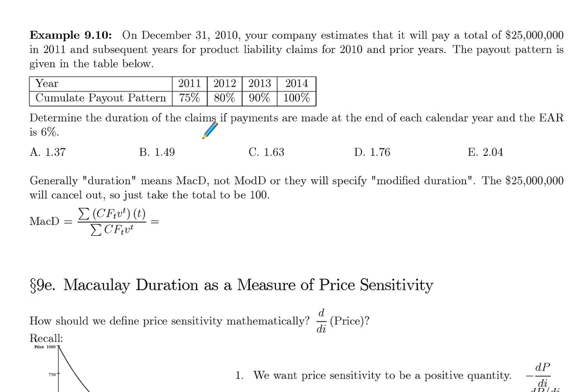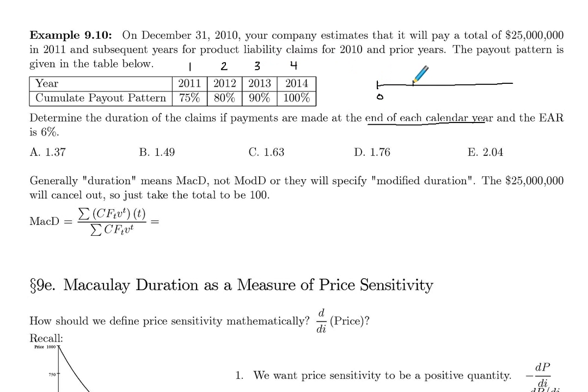So we want to determine the duration of the claims if these payments are going to be made at the end of each calendar year. You can look at a time diagram for this problem. Let's say that 2011, we'll call time 1, and 2012 time 2, 2013 time 3, 2014 time 4.